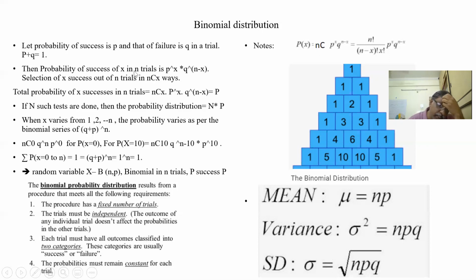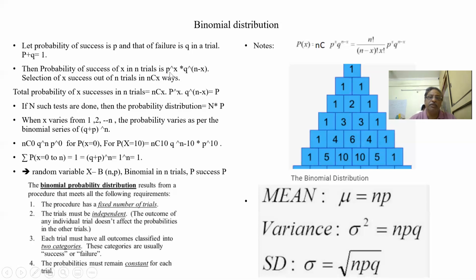But the other n minus x times, I don't want head, I want tail. So what is the probability of n minus x tails? Q. So Q to the power of n minus x. So what is the total probability of getting only x heads? It is P to the power of x into Q to the power of n minus x. Understood? P to the power of x into Q to the power of n minus x.